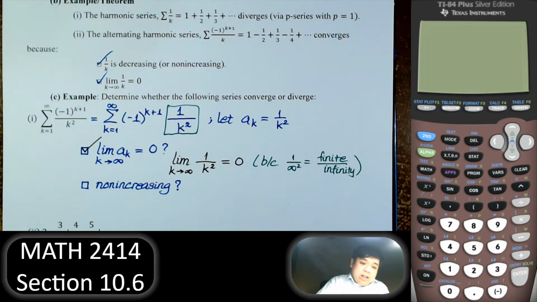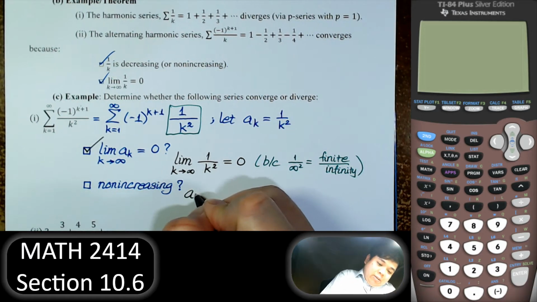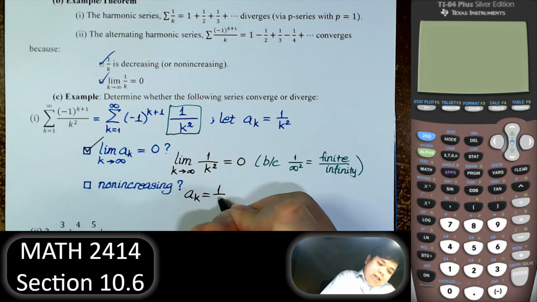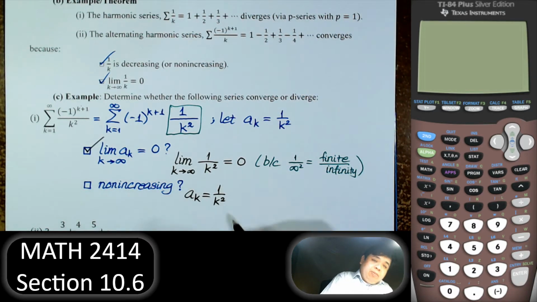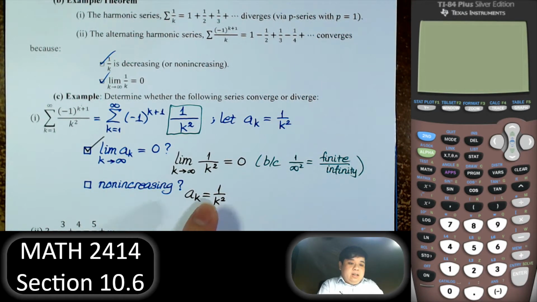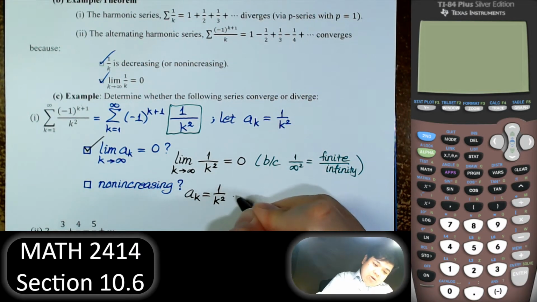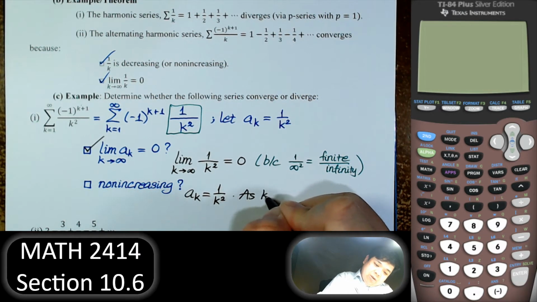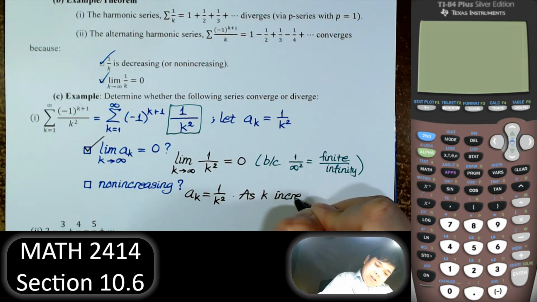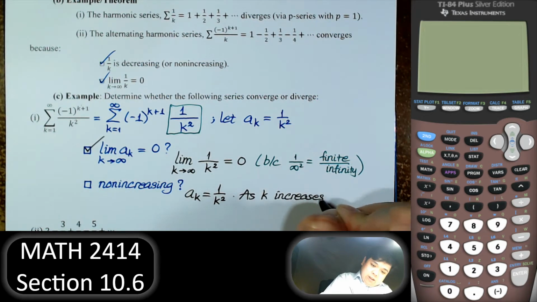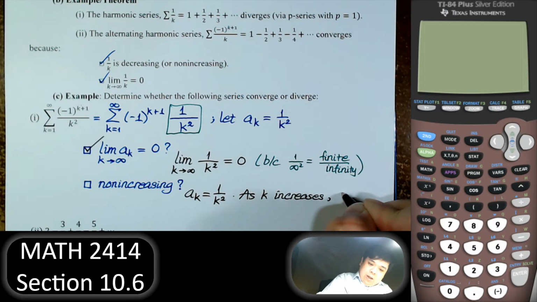Another, easier way to do this: a sub k equals 1 over k squared. The bottom is increasing. The bigger the bottom, the smaller the quotient. So in that case, this is decreasing. So I just write: as k increases, 1 over k squared decreases.